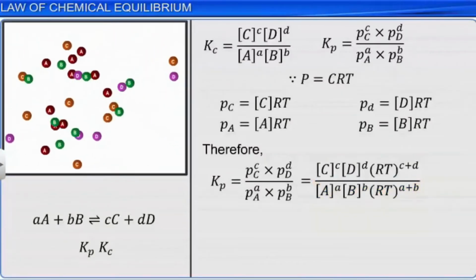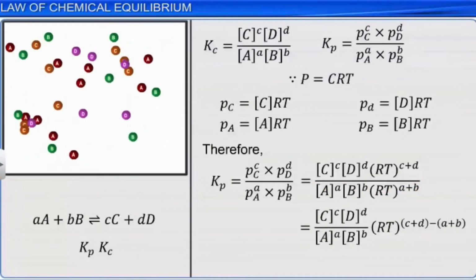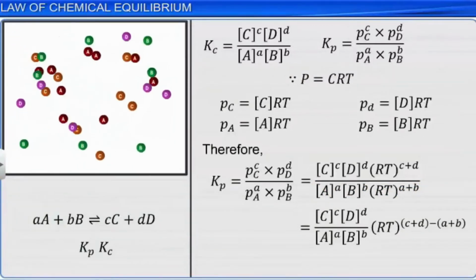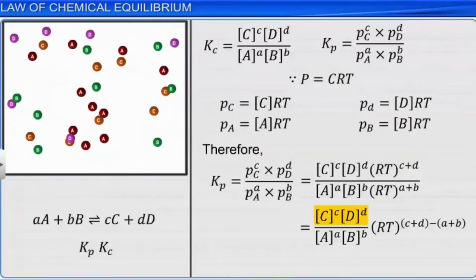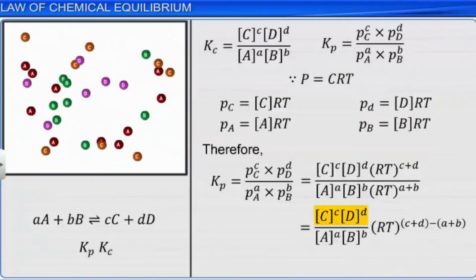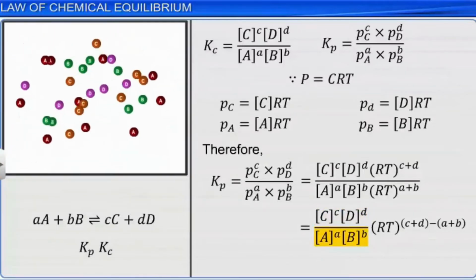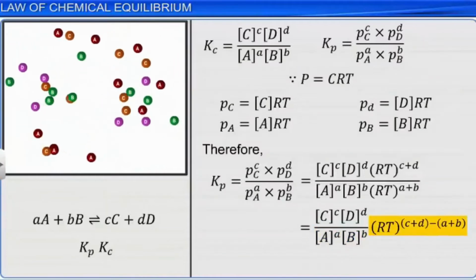This can be written as the product of the concentration of the products C raised to the power of c and D raised to the power of d divided by the product of the concentration of A raised to the power of a and B raised to the power of b, multiplied by the product of R and T raised to the power of the sum of c and d minus the sum of a and b.